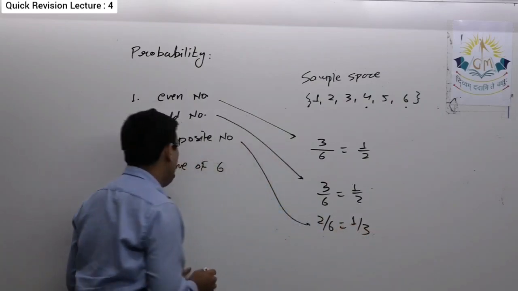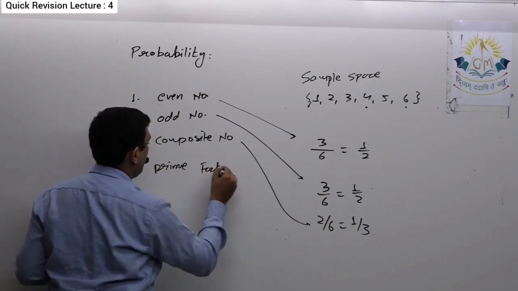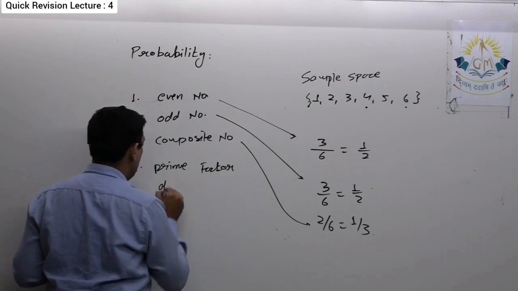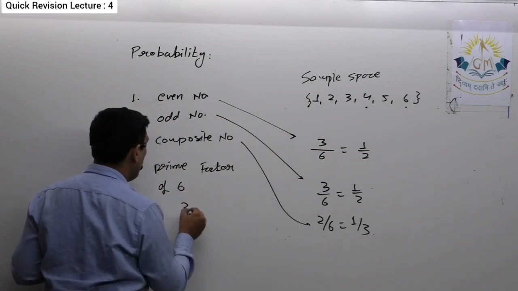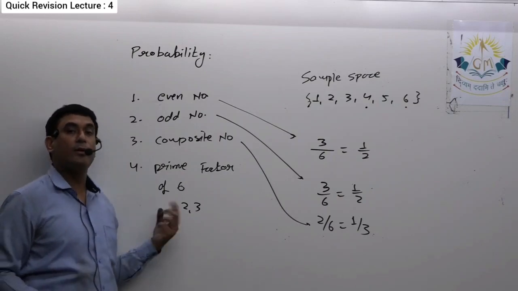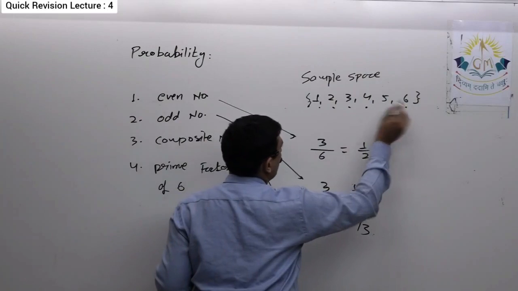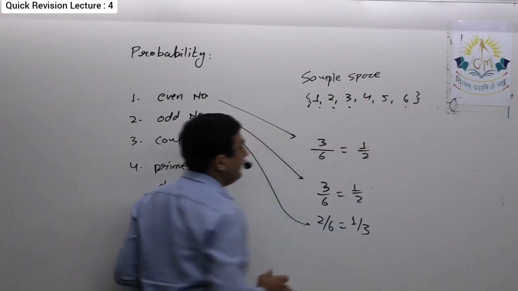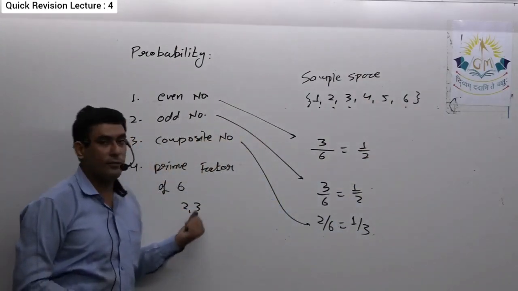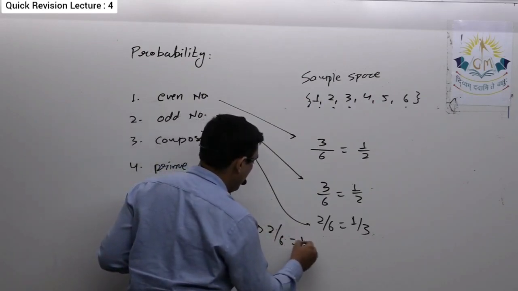And the prime factors of 6. I wrote prime of 6, actually it is prime factors of 6. The prime factors of 6 are 2 and 3. If I write factors of 6, then it will be 1, 2, 3 and 6. If I say prime factors of 6, the probability will be 2 by 6, that is 1 by 3.